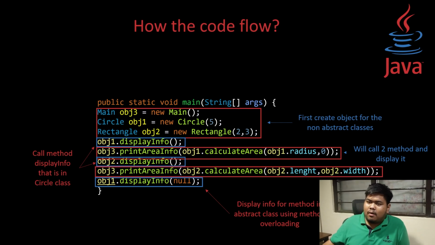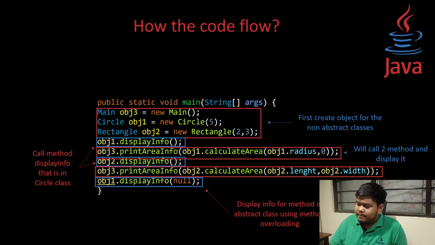So here I will call the method, but how do we call the method if we cannot create an object of an abstract class? We will use method overloading. In method overloading, if the subclass of the abstract class doesn't have a method with the same name or the same parameters, it will use the method in the abstract class.